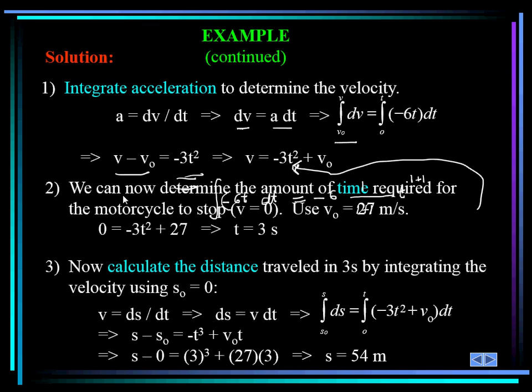You can see very clearly that the velocity is ds dt, so we are going to integrate both sides. The position is from 0 to t of minus 3t squared plus v0, and so s would be the integral, minus 3t cubed over 3 plus 27 times t.